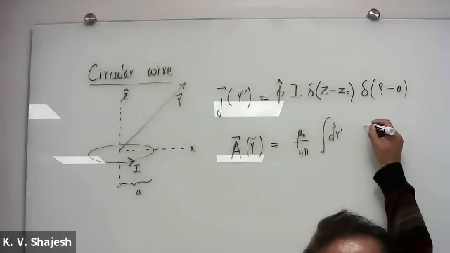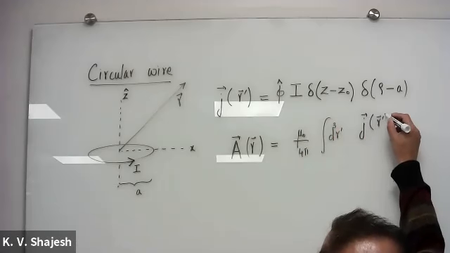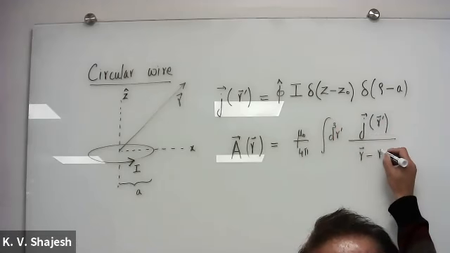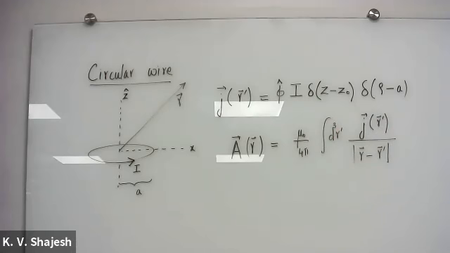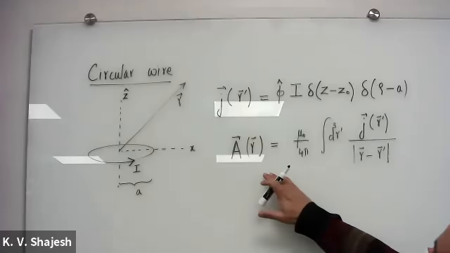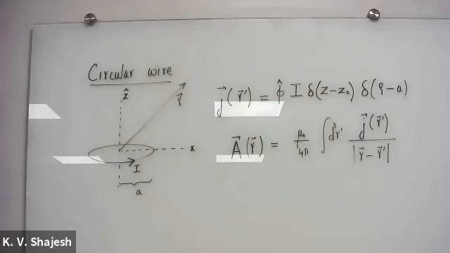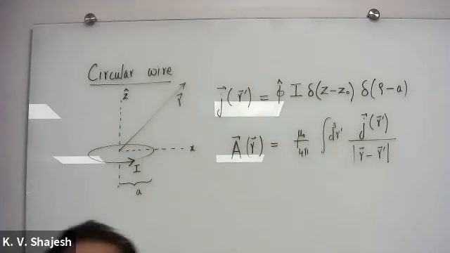Wherever there is a current, it will contribute with r minus r prime. That's your Green's function, if you remember, like the electric potential due to a point charge, the same idea. That's your superposition principle for the magnetic vector potential. Put in the current density, and if we can do the integrals, from this point on it is pretty much algebra.